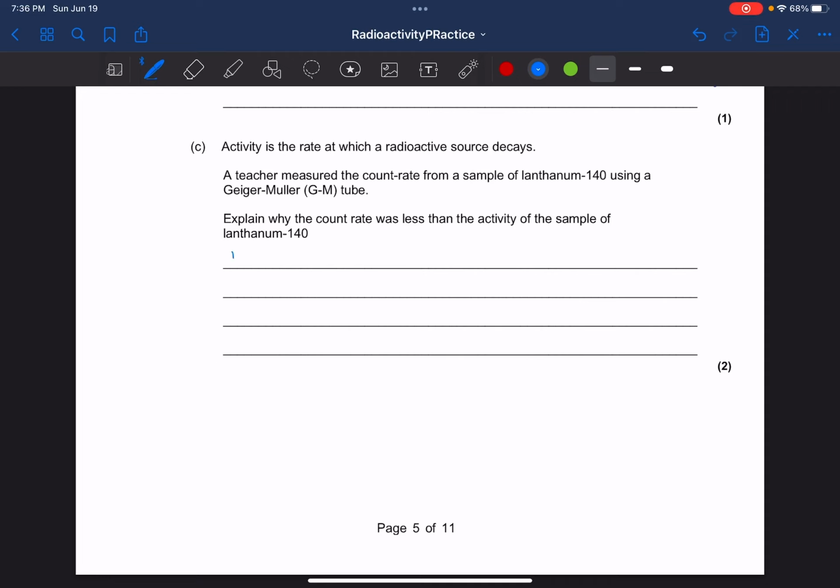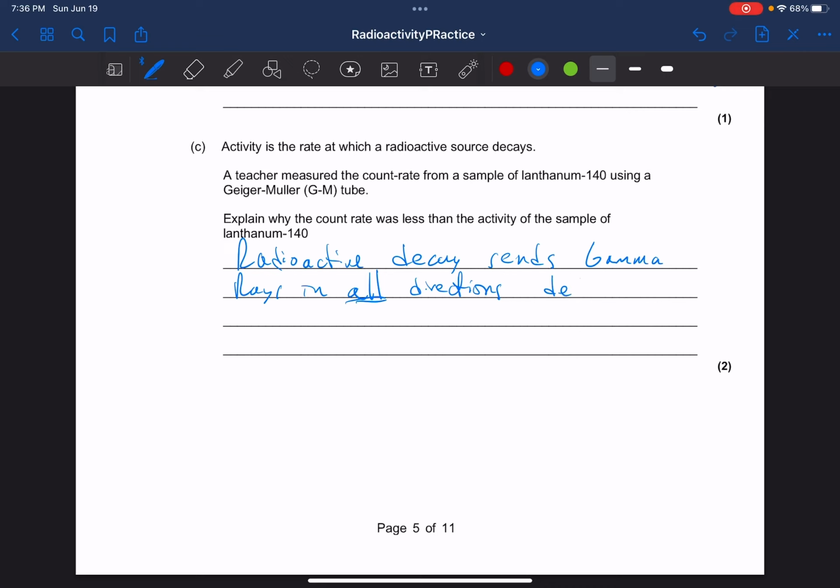Or actually, how am I going to phrase it? I'm going to phrase this as: radioactive decay sends gamma rays in all, and I bet you that's going to be an important word, directions.